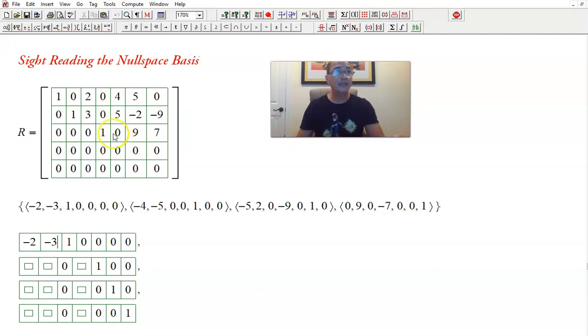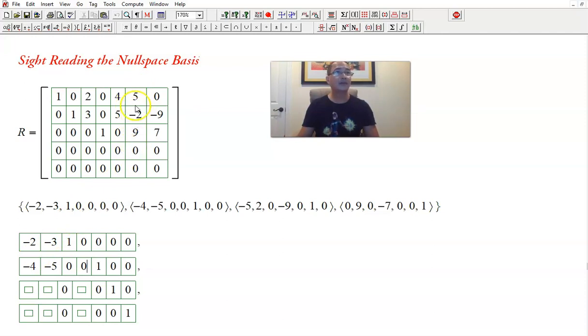But notice there's a 0 there. Don't be worried about that. 0 is still a number. But in this case, the 4 and the 5 belong in the second vector as -4, -5. But that empty space there, that's where the 0 goes. -0 is still 0.